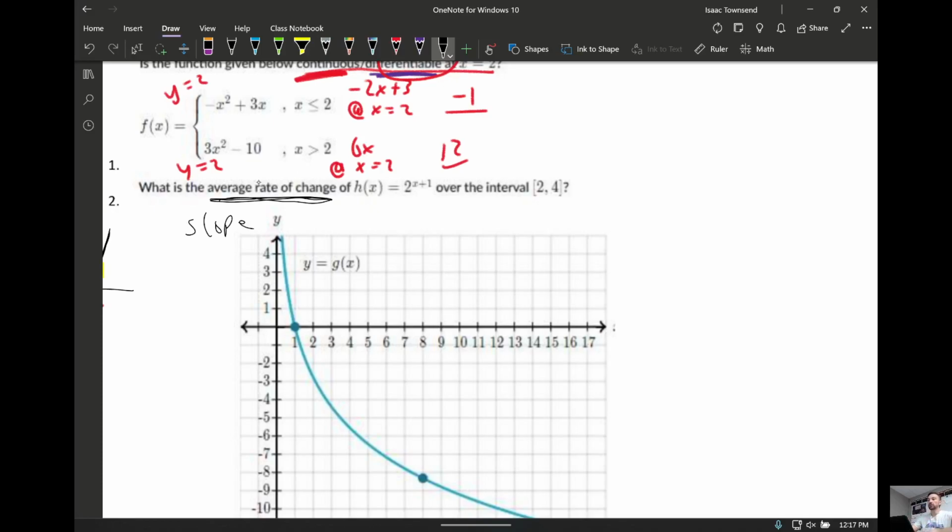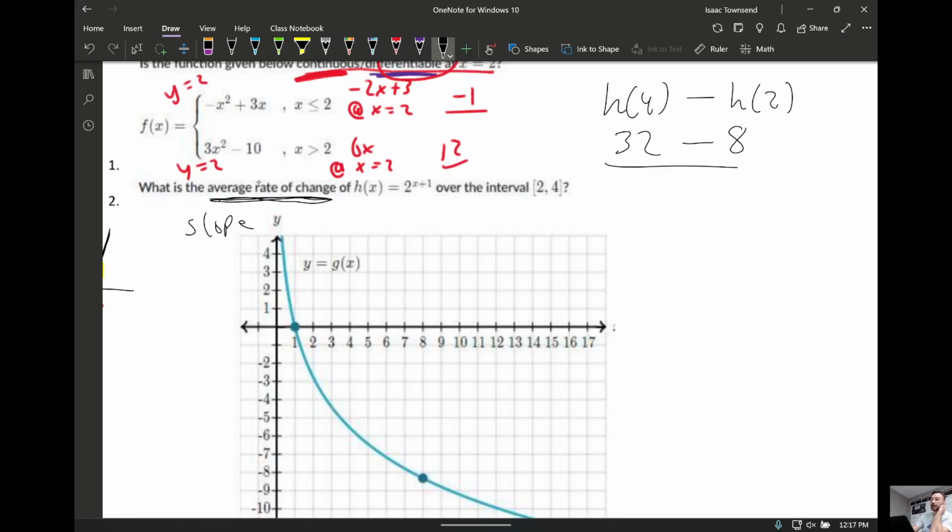So if we know where it ends at 4, it has a y value of 2 to the 5th: 2, 4, 8, 16, 32. Subtract how much of a y value it had to start at, which is h of 2. That would be 8. So it looks like from 2 to 4, it went up from 8 to 32.